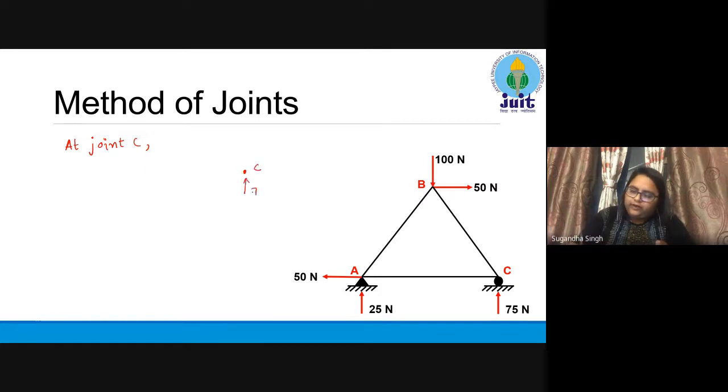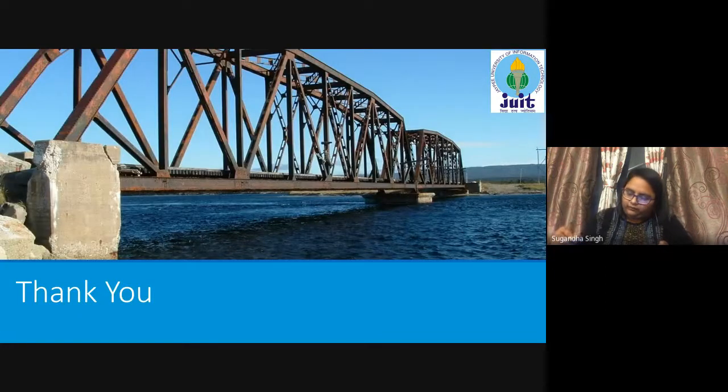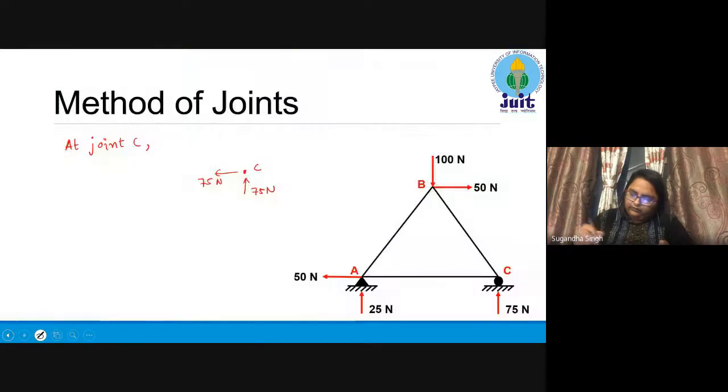There is a 75 Newton reactive force, a 75 Newton member force, member AC, and the unknown FBC. Again, the angle is 45 degree here. So whichever equilibrium we satisfy, we should be able to find FBC.